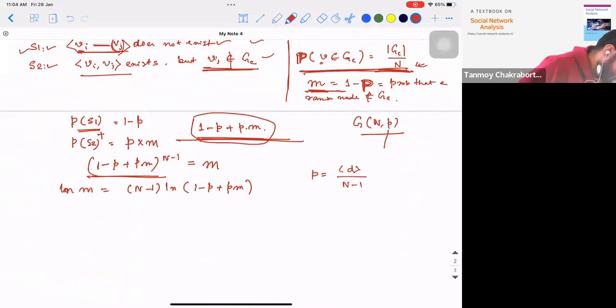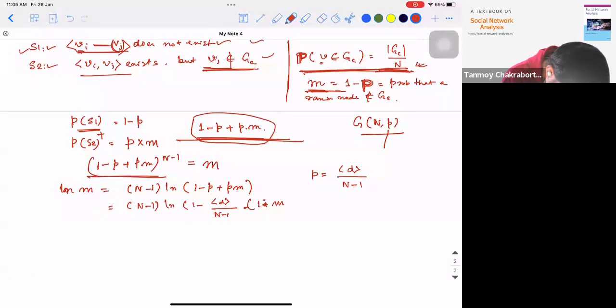Now replace here: n-1 ln of 1 minus mod d by n-1 times 1 minus M. I'm taking p common from both sides and replacing p by d by n-1. Now the whole part is a part of the log.